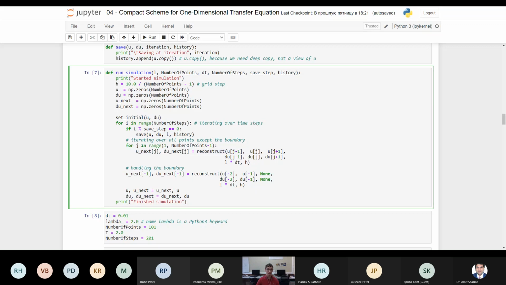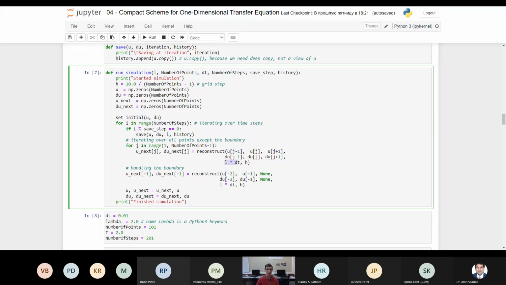So we give to this function values of the u in the point in question, g, and the neighboring points, -1 and +1. We do the same for the derivative.